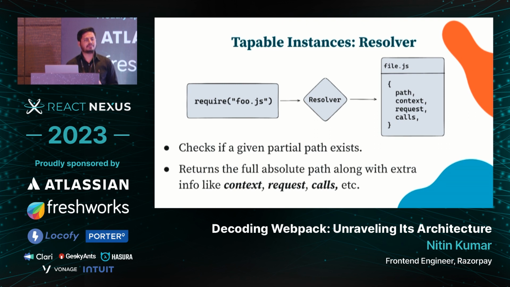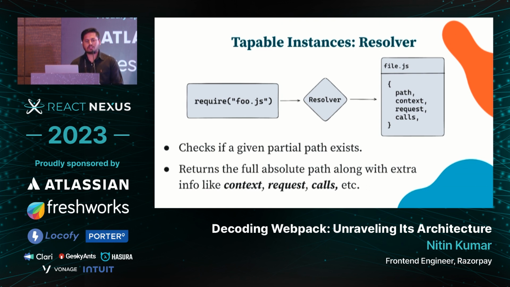For example, Webpack encounters a file, reads require foo.js in your code base, and then checks if this file exists or not. If this file exists, it will return an object which will contain some additional details as well. It will contain the absolute path of the file, the context, and some other properties as well.